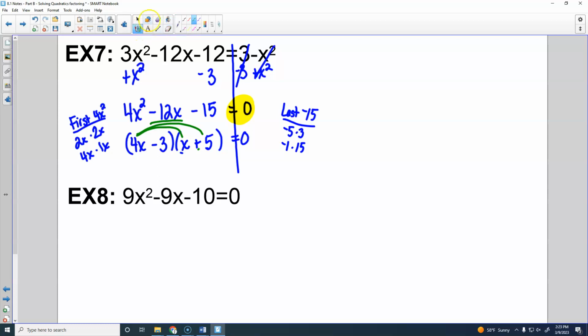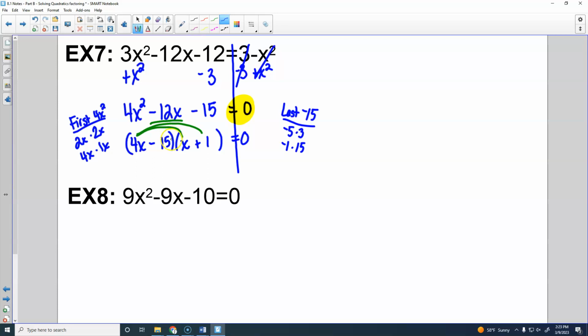Okay. Let's see. You said x plus 15. No, x plus 15. That goes here. And minus 1 here. No, other way. 15 here. 1 here.